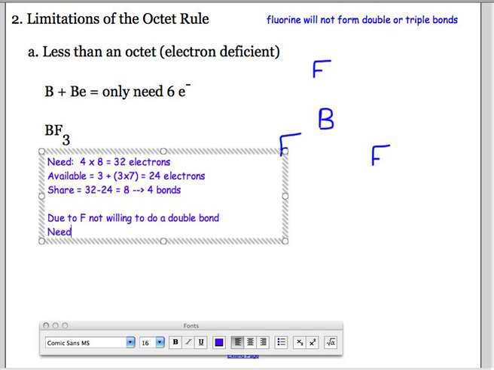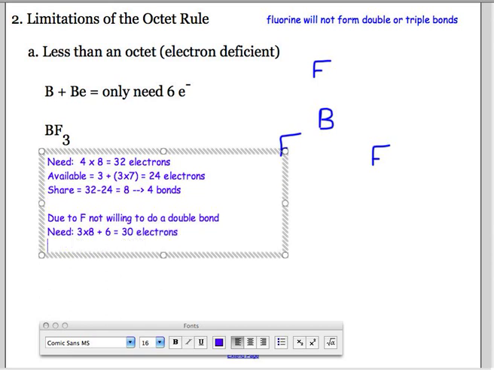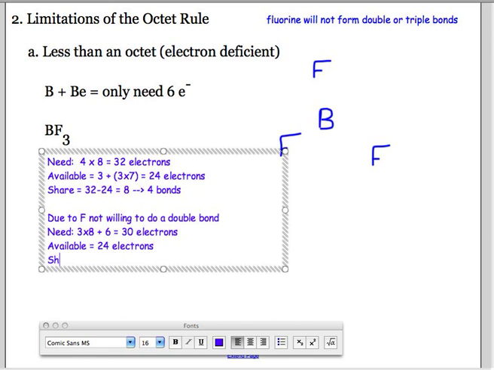The 3 fluorines still want 8, and boron says I'll only take 6. So instead of needing 32 electrons, we only need 30. The available is still the same. The share is only 6, which means that we only need 3 bonds.